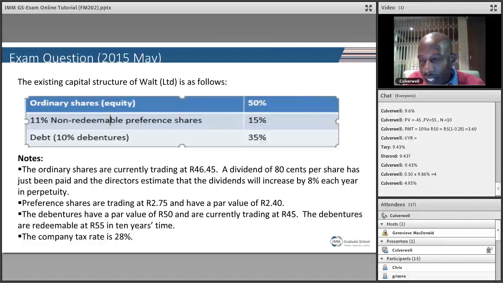That is the weighted cost of ordinary shares, 4.93%. So I'll write it down, 4.93%.